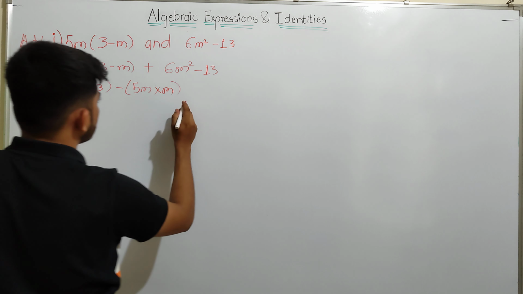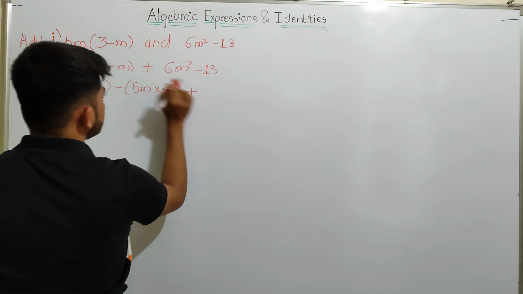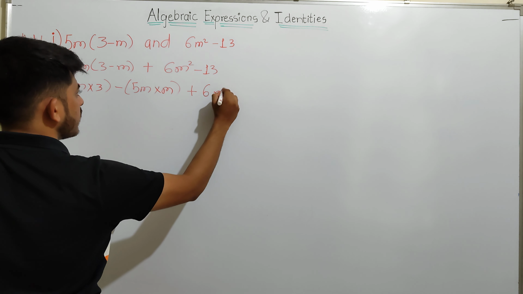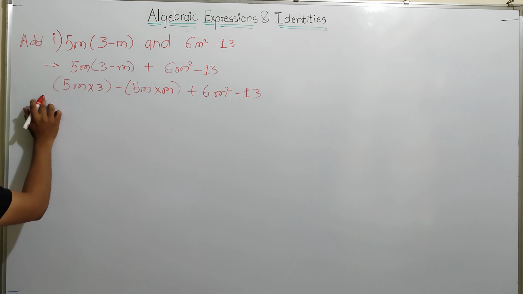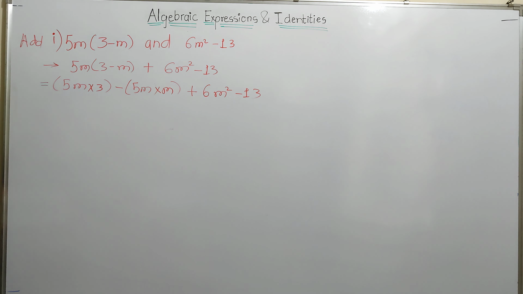The plus symbol as it is, 6m square minus 13. This is the first step.